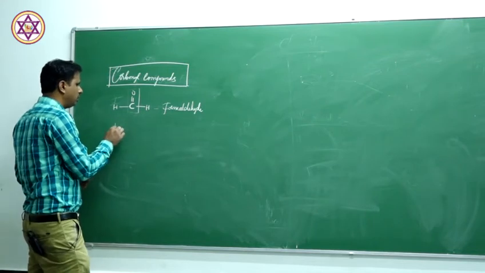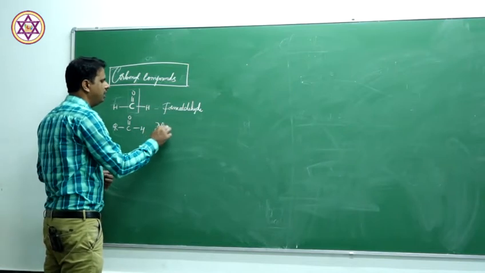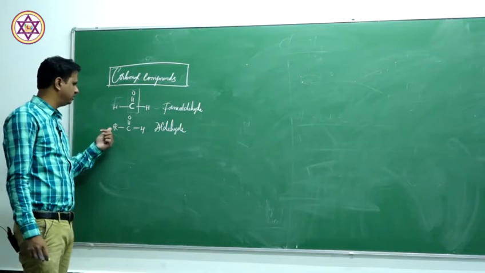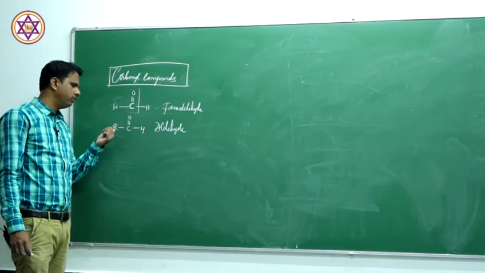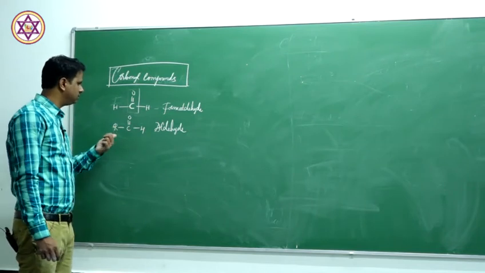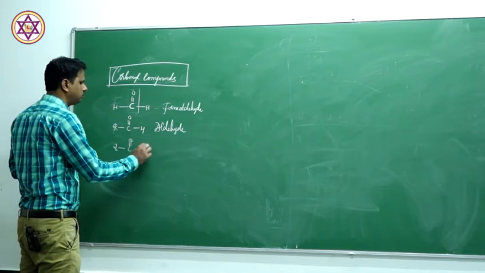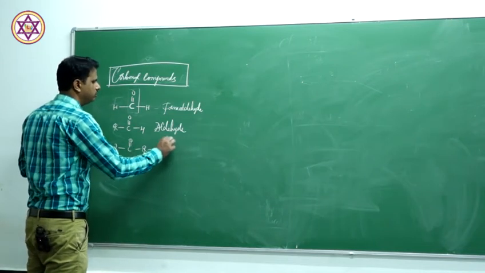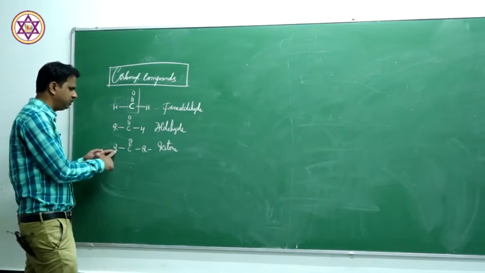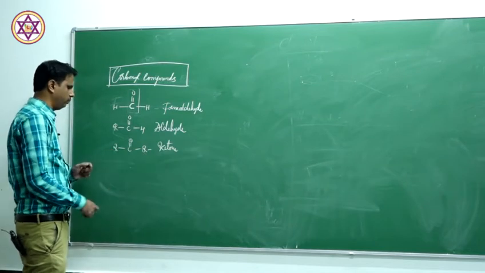If you put R here on one side and H on the other side, it becomes simply an aldehyde. This R can be anything. If you put CH3, it becomes acetaldehyde. If you put ethyl group, it becomes propanaldehyde, etc. Now this is aldehyde. Imagine that if you put both R, you get ketone. That means here CH3, CH3, that becomes propanone. Okay? So that is how the ketone.